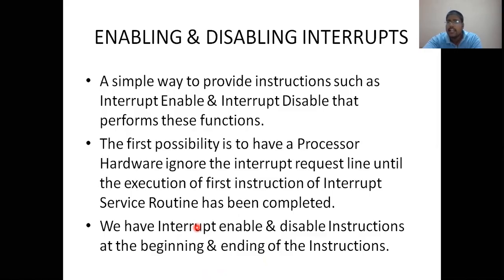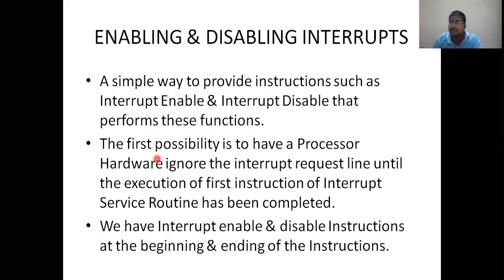Interrupt enable pin becoming 1 means the processor is executing some instruction, so that other devices should not disturb the processor until the interrupt enable pin becomes 0. Whenever the interrupt disable pin becomes 1, only then can a new interrupt ask for permission. Until that time it cannot ask for permission.